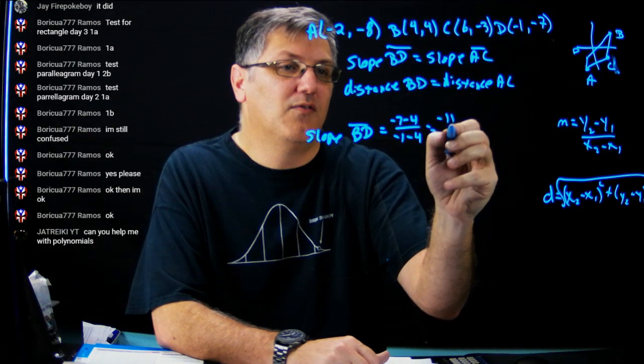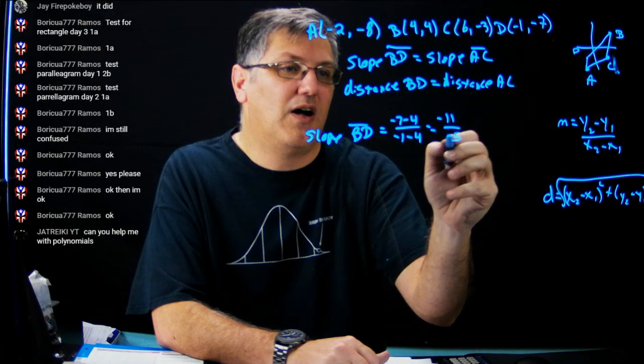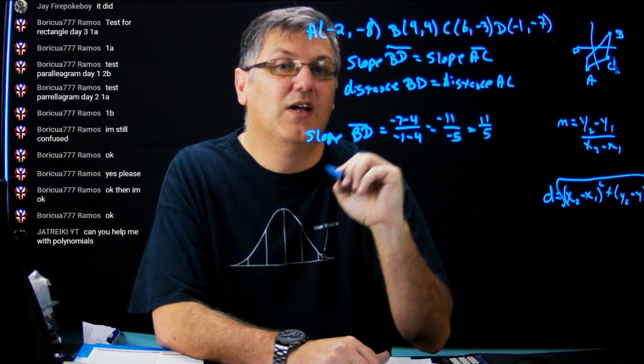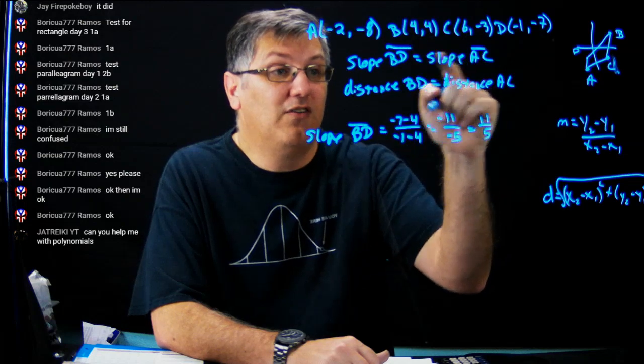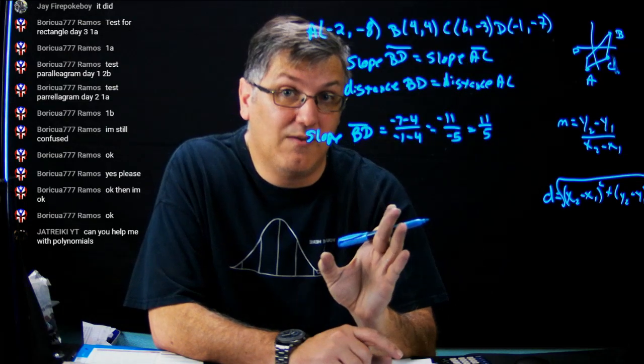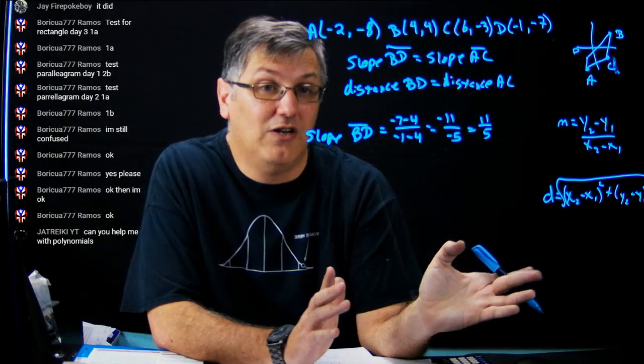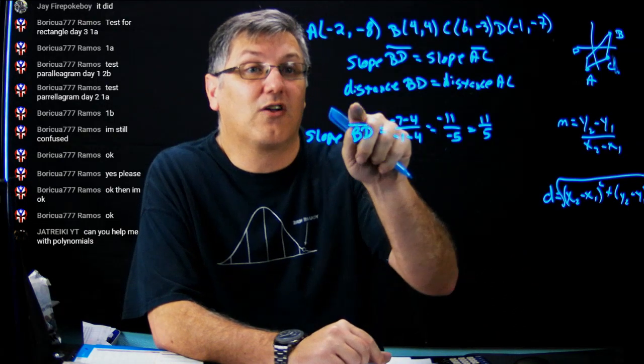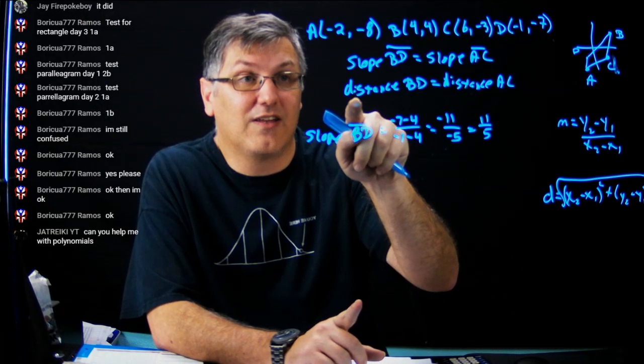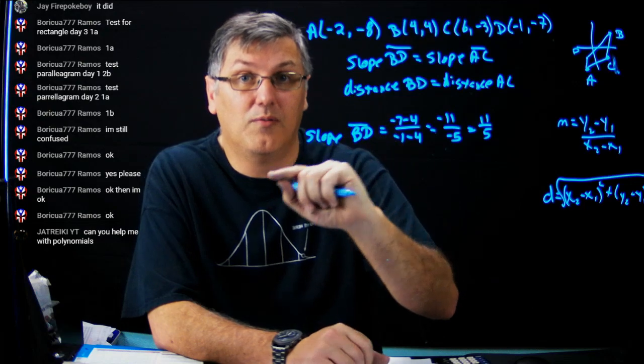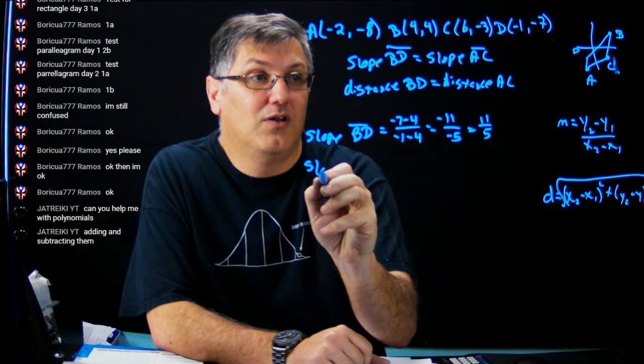This gives me -11 over -5, which gives me 11/5. That means that the slope of AC better be 11/5. If it's not 11/5, it's not a parallelogram. Easy peasy. If it is 11/5, then I go to my second thing that has to be true and check the distance formula.